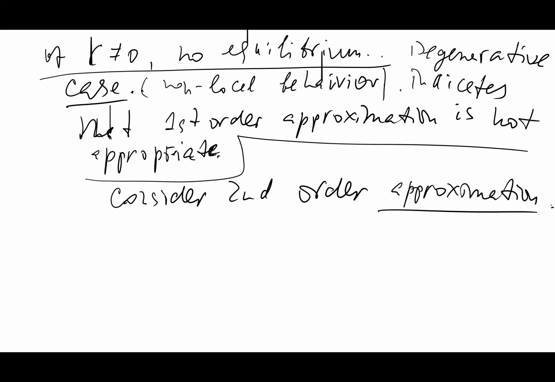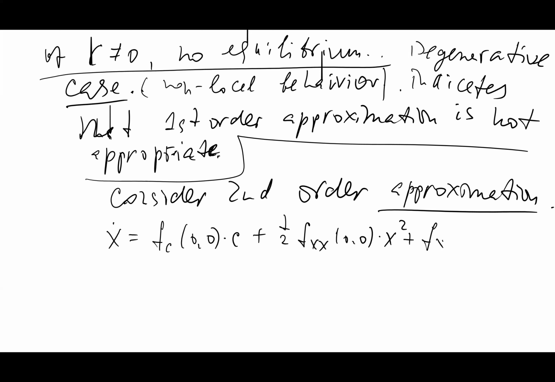So now x dot will be equal to: f at (0, 0) is 0, and the derivative of f over x at (0, 0) is also 0, therefore we just start with the derivative of f over c at (0, 0) times c, plus all second order terms: half of the second derivative over x at (0, 0) times x squared, plus the mixed derivative at (0, 0) times x times c, plus half of the second derivative over c at (0, 0) times c squared.